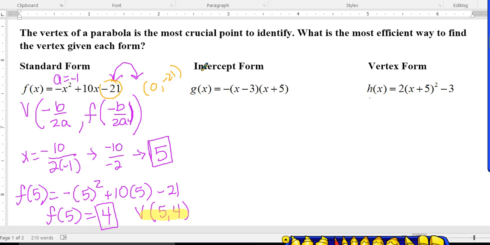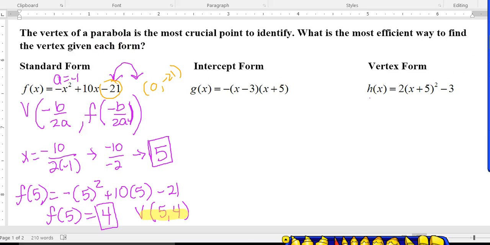And actually, you could even use your axis of symmetry and then reflect your Y-intercept, and then you have 3 points that you can graph if you wanted. So immediately revealing those 2 pieces of information and then using your formula to find your most crucial point, which is your vertex. Okay, so that's what happens in standard form. That's probably the most efficient way to get where you want to go.